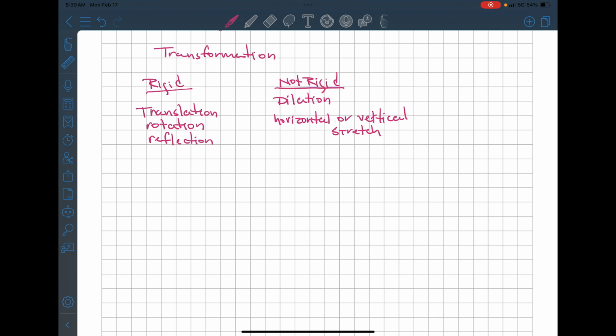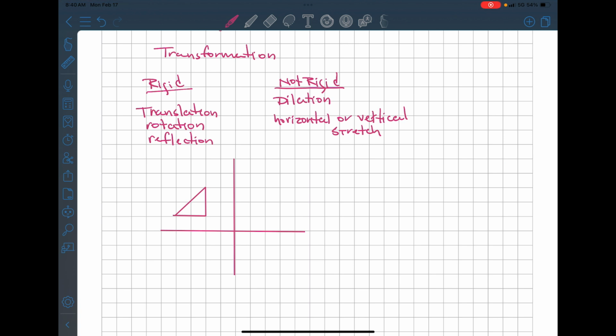And we're just going to have a little review on this. And we're going to do it in the Cartesian plane. And I'm just going to draw a quick little triangle here.